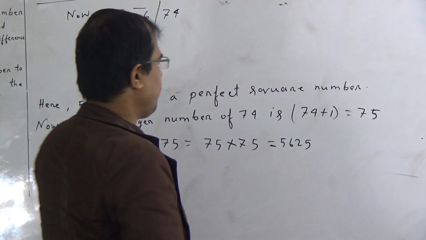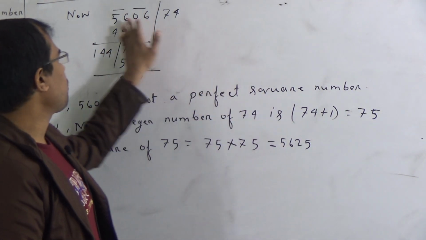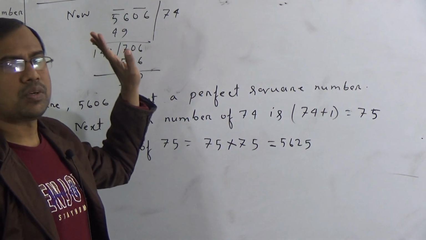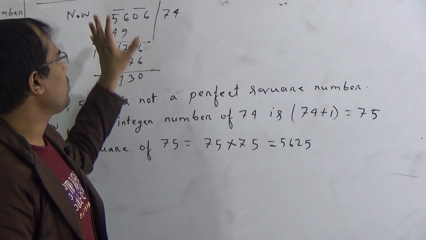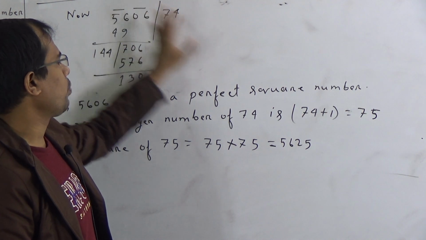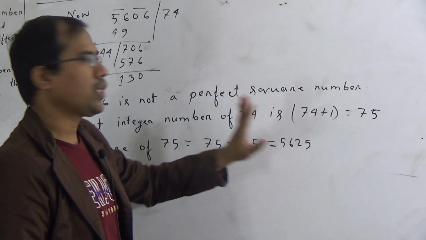Dear, the number 5625, this is a perfect square number, but 5606, it is not a perfect square number. Now the question, which number is to be added with it so that the number will be converted into it? If we subtract this number from this, then we can get it.